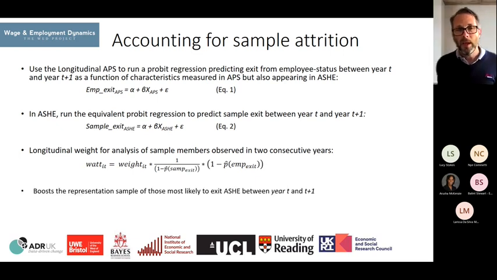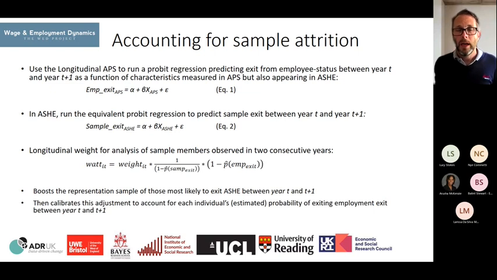And the first term here, 1 over 1 minus the probability of sample exit, what that term is doing is saying anybody who's more likely to leave ASHE between year T and T plus 1 will boost their representativeness in the longitudinal sample. But then the last term accounts for the fact that some of those people will truly have left employment.